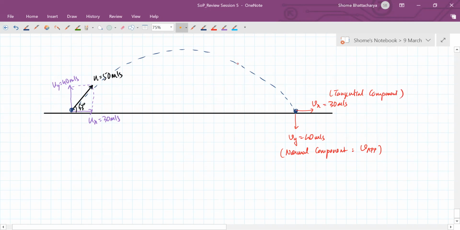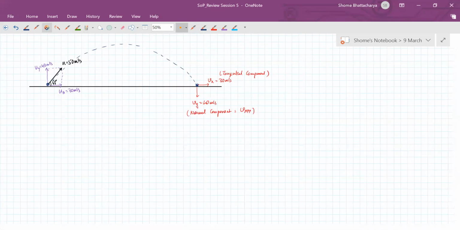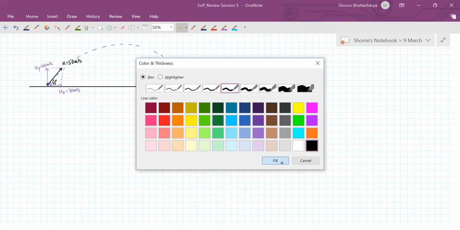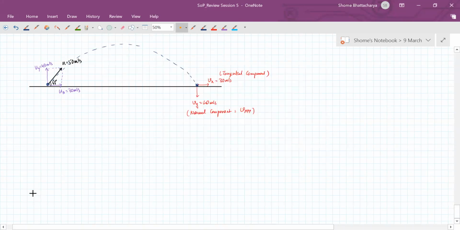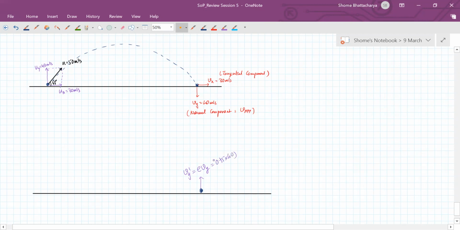Remember that the tangential component remains conserved, but the normal component is the one that gets reversed in direction, and in this case suffers a decrease in magnitude because the collision is inelastic, with a coefficient of restitution of 0.75. So immediately after impact, this new component of velocity, let us say Vy prime, will become e times Vy. So it will become 0.75 into 40, or 30 meters per second.